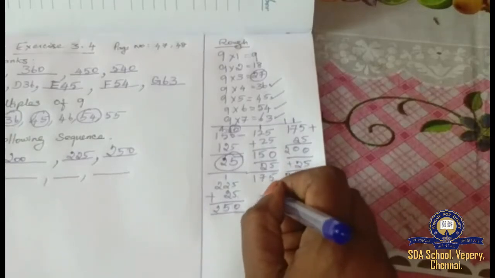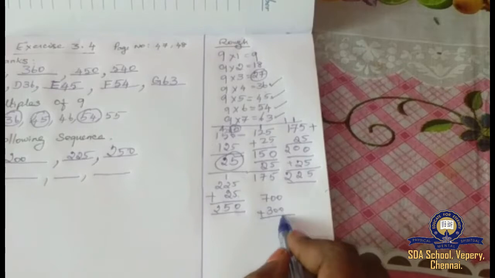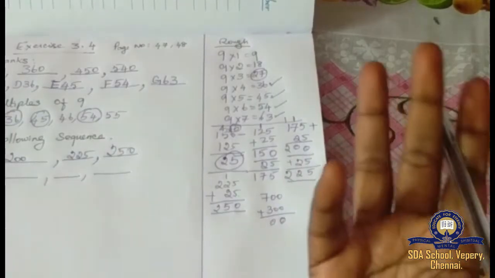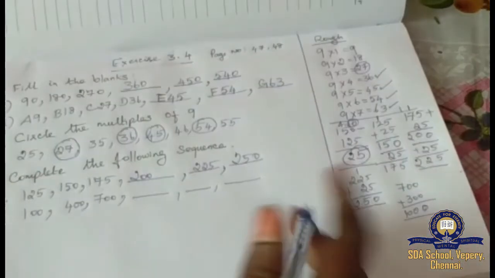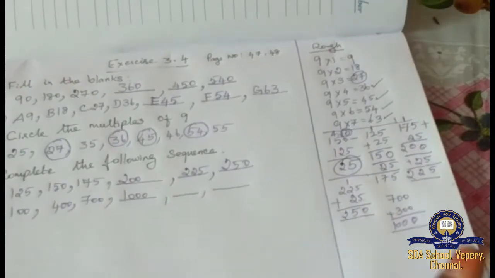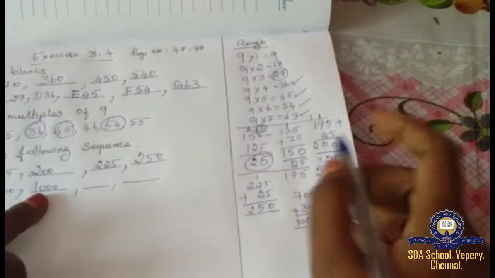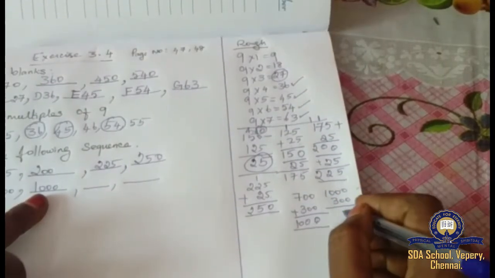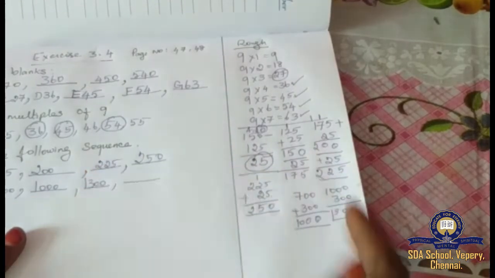In the rough work, do this. 700 plus 300. 0 plus 0, 0. 0 plus 0, 0. 7 plus 3, 8, 9, 10. So 1000. So the next number is 1000. So you have to add 300 with this 1000. 1000 plus 300, 0, 0, 3, 1. 1, 3, 0, 0.